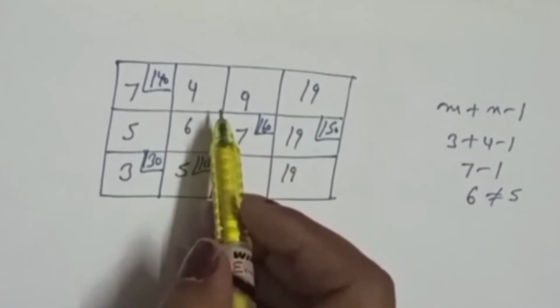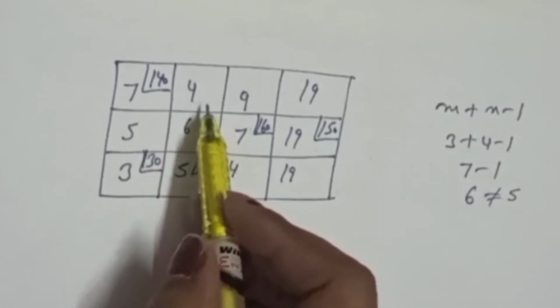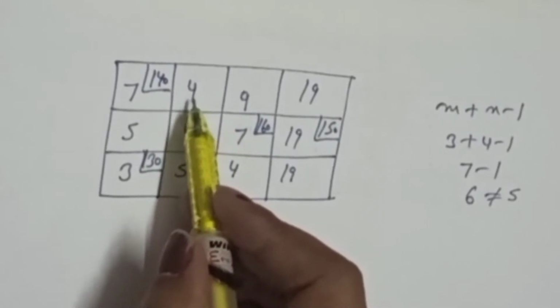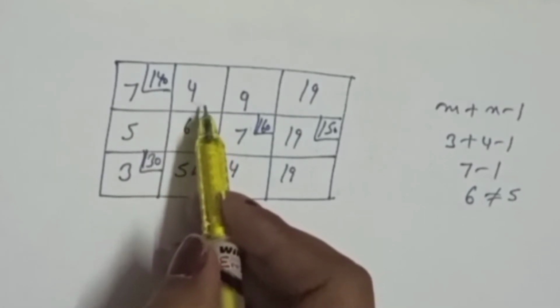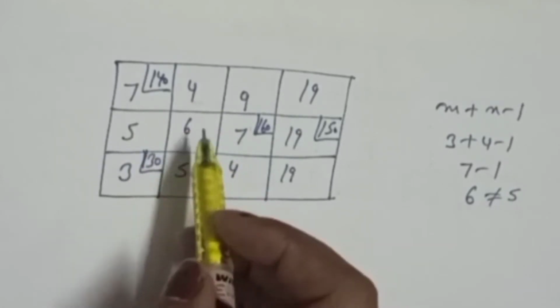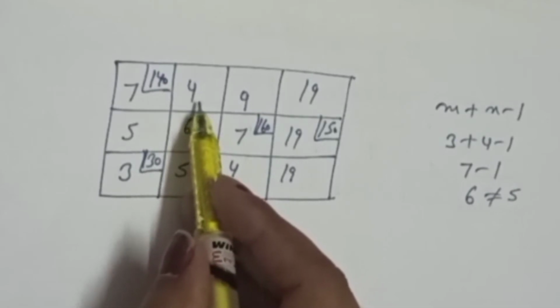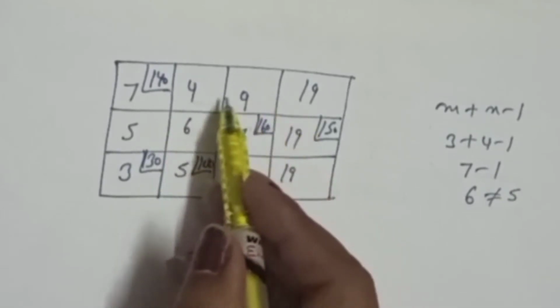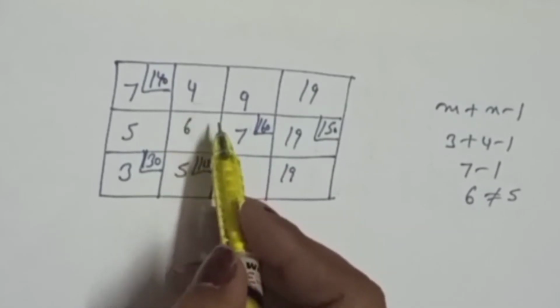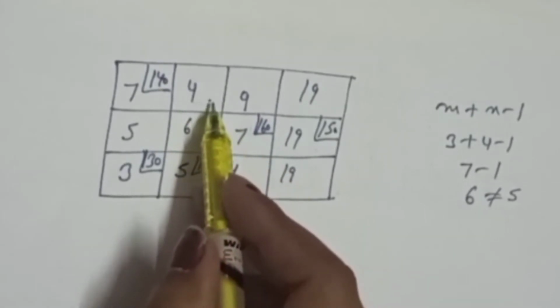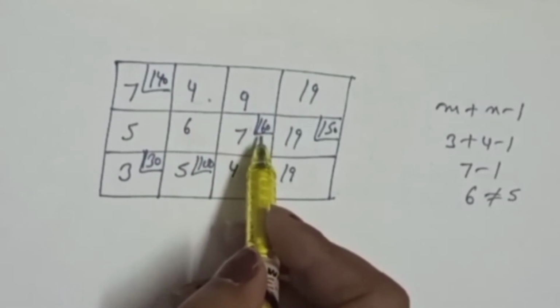For loop formation, the rule is here. We can go only into allocated cells, like you can go in this cell, you can go in this cell. And the second rule is we can go only horizontally like this, and only vertically like this. We can't go in the diagonal way, like we can't go from this cell to this cell.